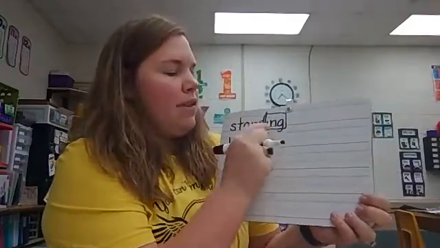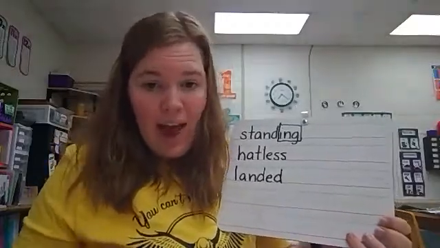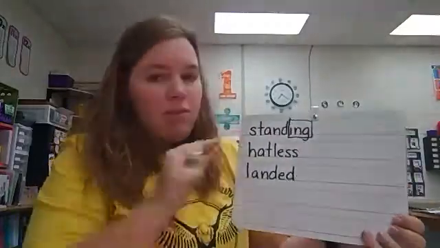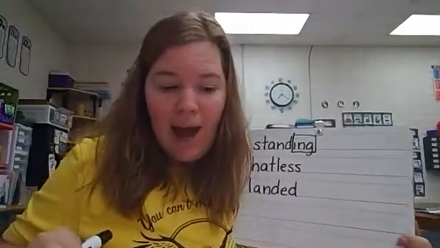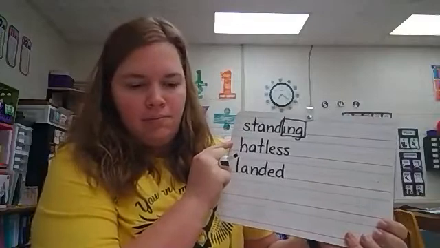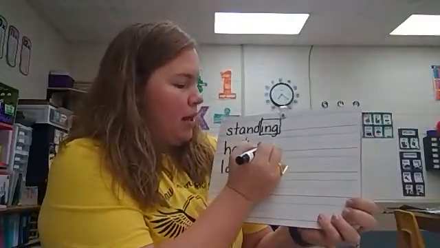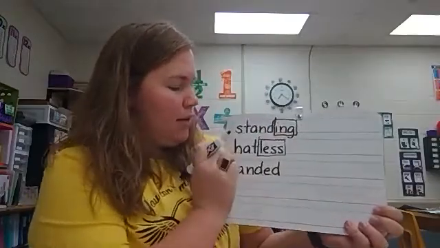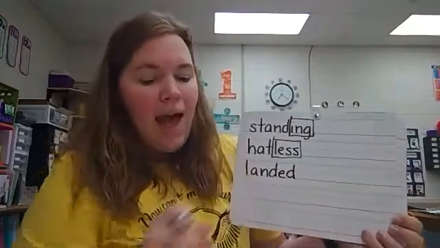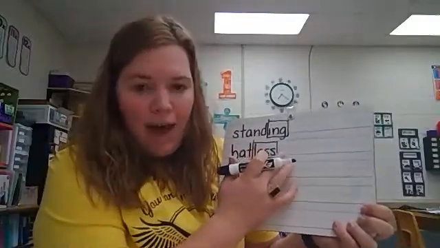So the suffix ing means something that is happening right now, okay? I am standing right now. What is the suffix of hatless? L-E-S-S is the suffix. The root word is hat. Less means without.